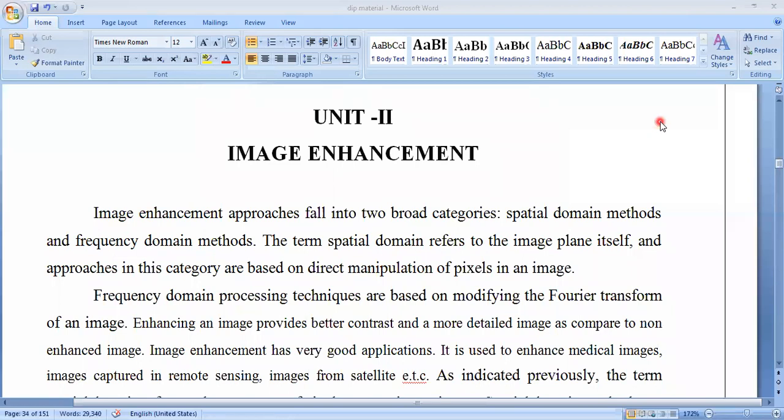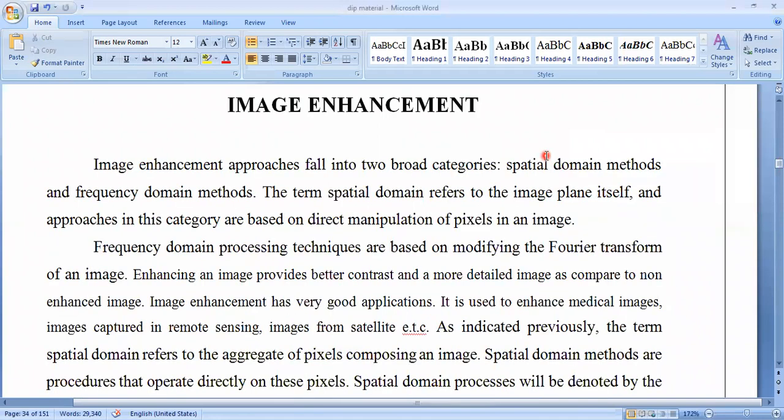In previous classes, we have completed the first unit and we have seen different image transforms. Now, the title of the second unit is image enhancement. We know the definition of image enhancement. Image enhancement means it improves the quality of the image.